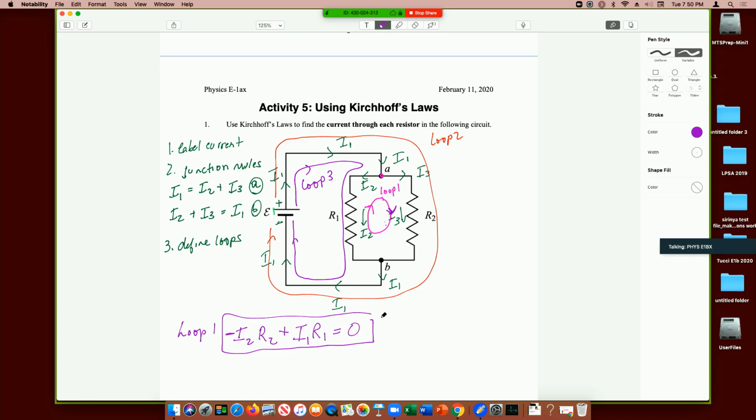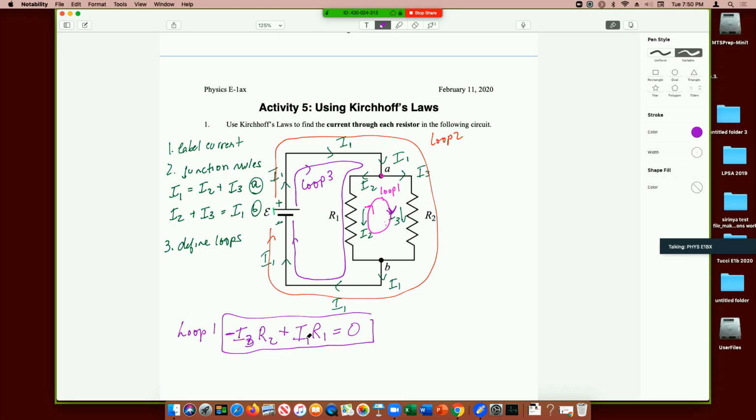Just to clarify, should the sum be negative I3 as we labeled it, R2 plus I2, R1? Oh yeah, that's a good point. Thanks for catching that. We called that I3, because that current is actually I3 going through there.